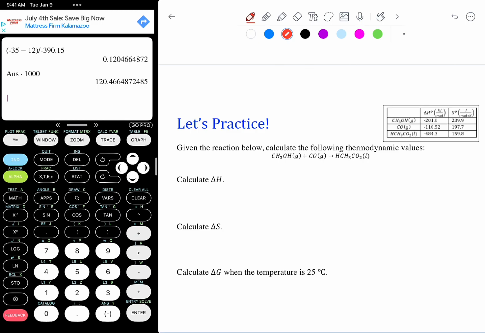So we'll solve for delta H and delta S just like we did in our previous problems and in our previous lessons.